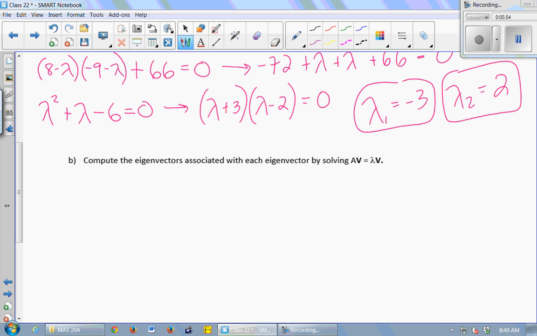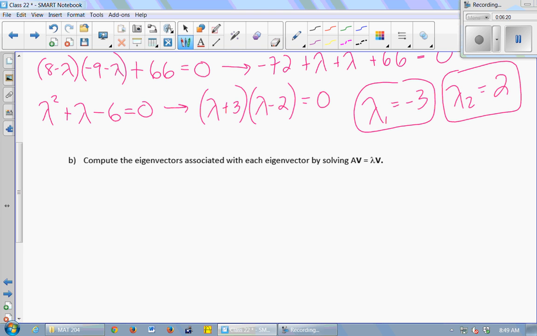Okay, so to compute eigenvectors associated with each eigenvalue, there are an infinite number of eigenvectors associated with each eigenvalue. In fact, there's a whole line of them. That is the straight line solution. It's made up of all the eigenvectors. So we just need to find one, and we'll know the entire straight line solution and the analytic solution to the differential equation.